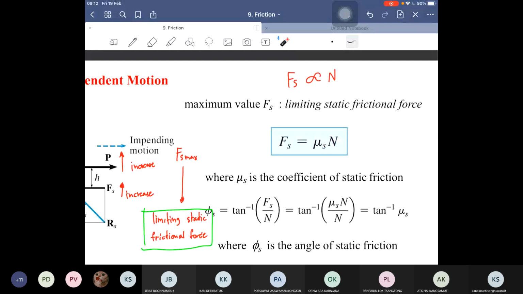That is the coefficient of static friction. We will use this mu s only in the case that the system is still a static system.